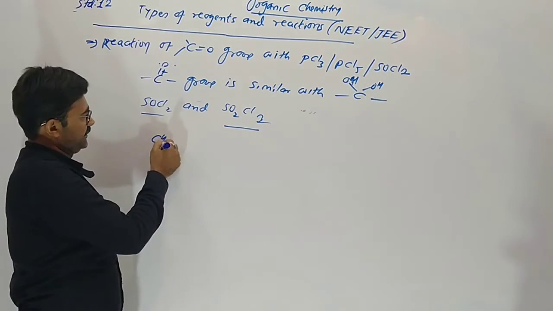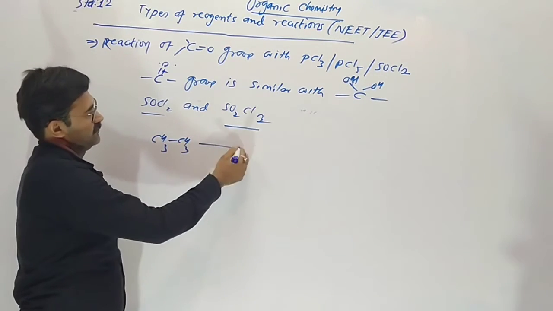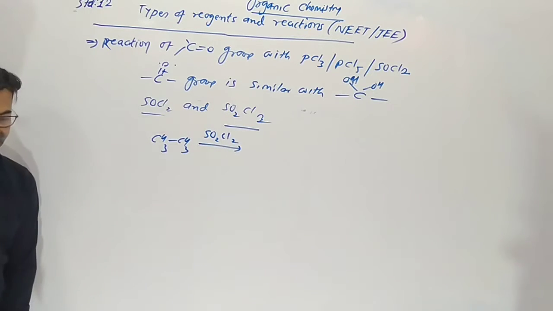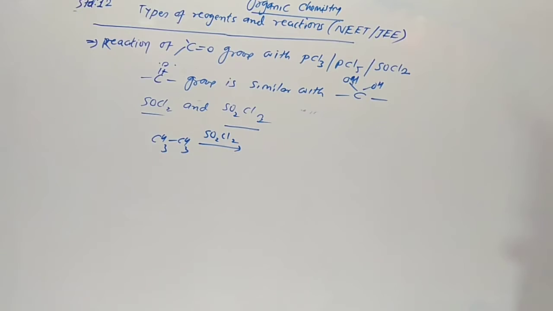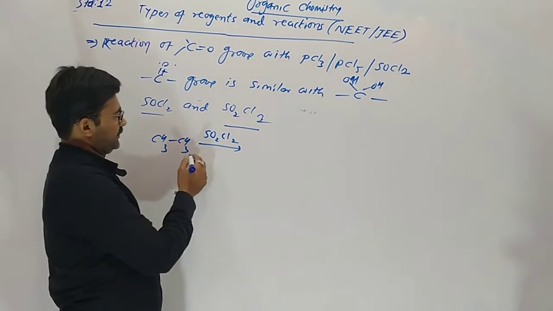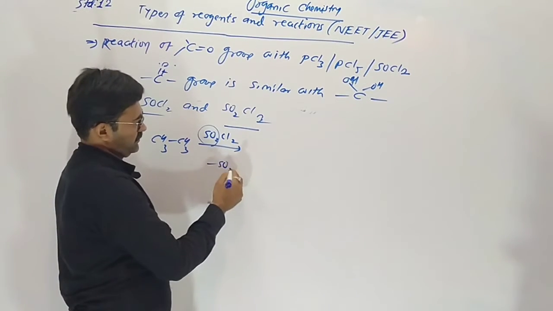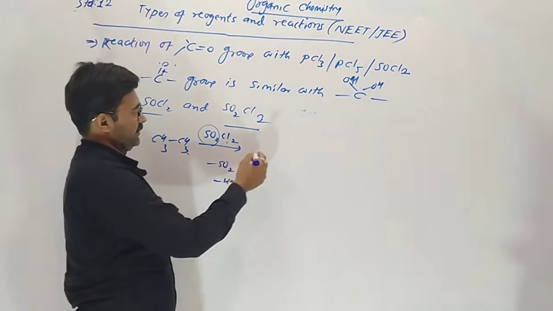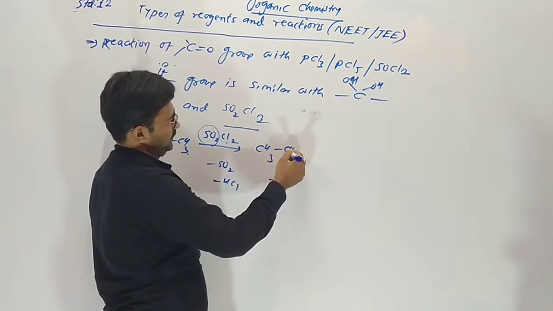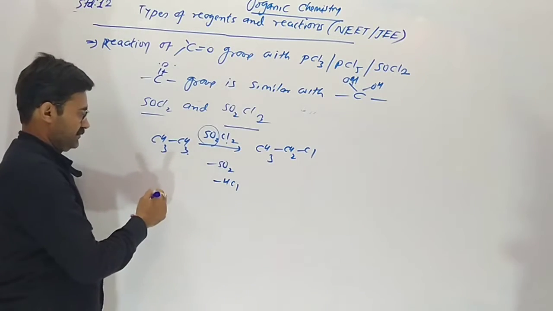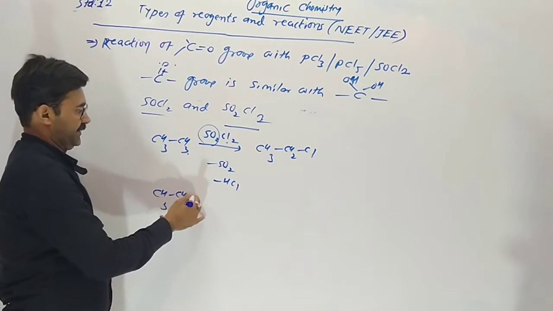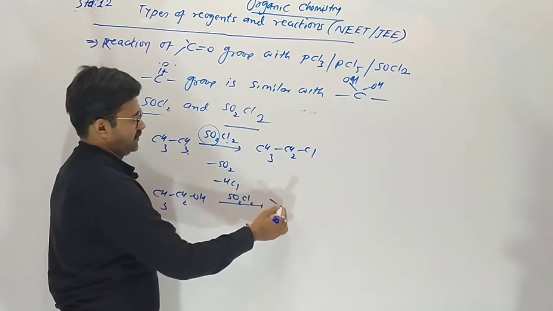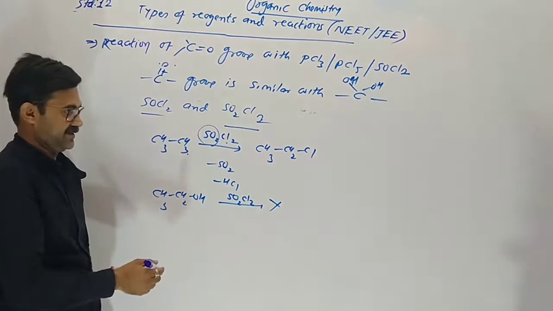When we take ethane, SO2Cl2 reacts here. SO2Cl2 removes one hydrogen and one chlorine combines there, so it gives chloroethane. But when we take ethanol, SO2Cl2 is not giving reaction.